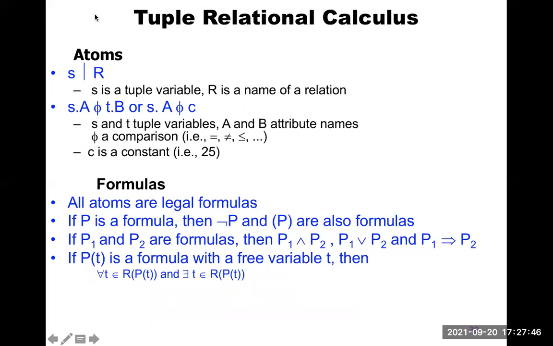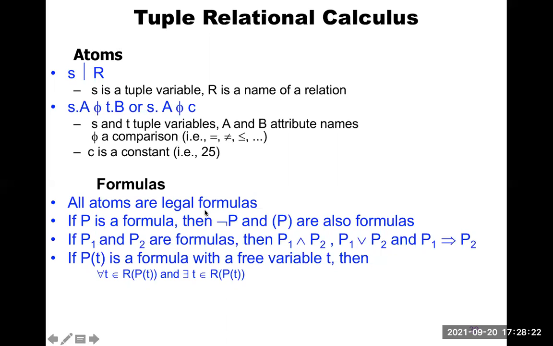So we say S is a tuple from table R. And another atom says that I have a tuple variable, a field or attribute name, and some comparison operation: S.A is greater than T.B, or S.A is equal to some constant, or greater than a constant. Everything are atoms, just tuples, and tuples are restricted by some conditions.